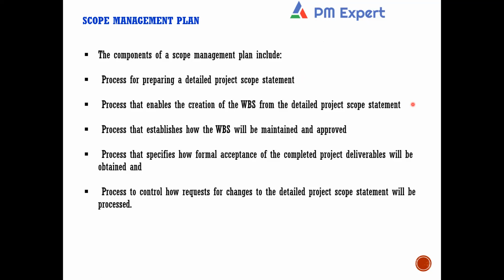Third, the process to establish how the WBS will be maintained and approved, which means how changes can be made to the WBS and how they can be approved. Then the process that specifies how formal acceptance of the completed project deliverables will be obtained, and the process to control how requests for changes to the detailed project scope statement will be processed.